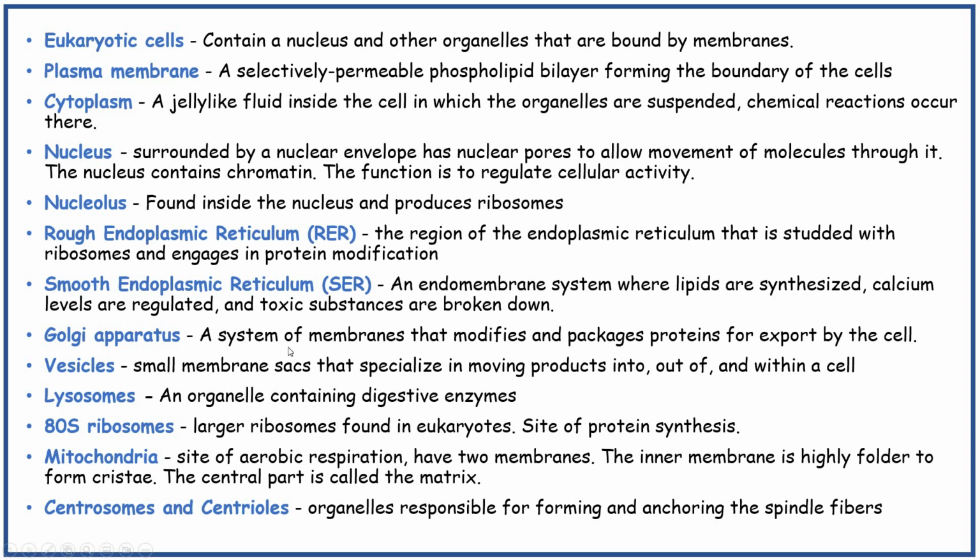Vesicles are small membrane sacs that specialise in moving products into and out of and within a cell. Lysosomes, an organelle containing digestive enzymes. 80S ribosomes are larger ribosomes found in eukaryotes, the site of protein synthesis.